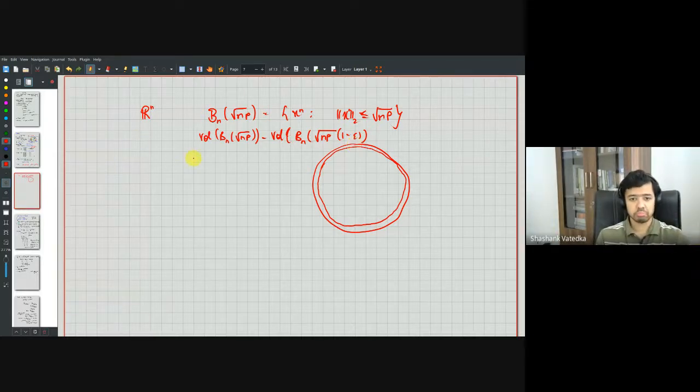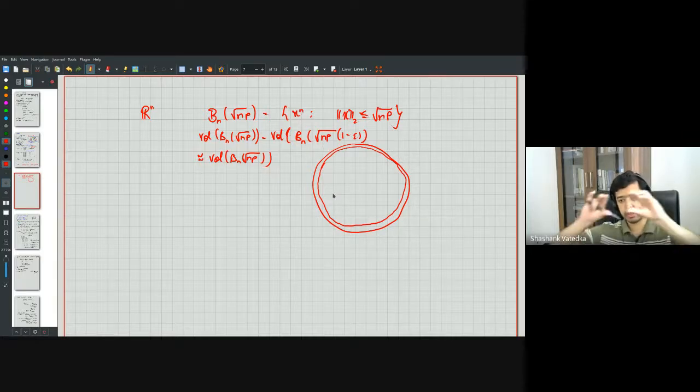You'll see that the volume remains roughly the same. So this will be very close to the volume of Bn of square root np. This holds for very large dimensions. So even though in 2 dimensions it appears that most of the area of this ball is somewhere in between, for very high dimensions, most of the volume will be concentrated near the surface.